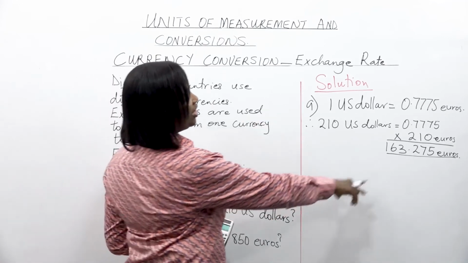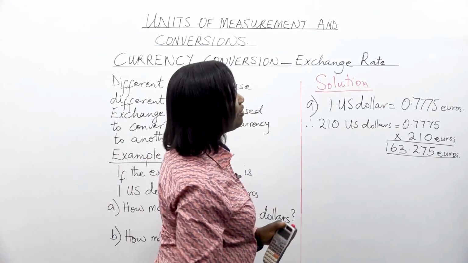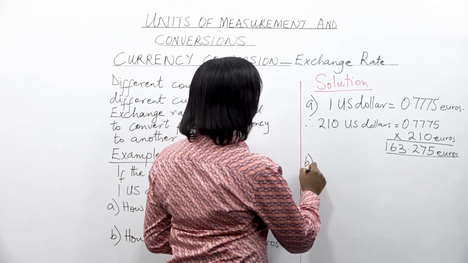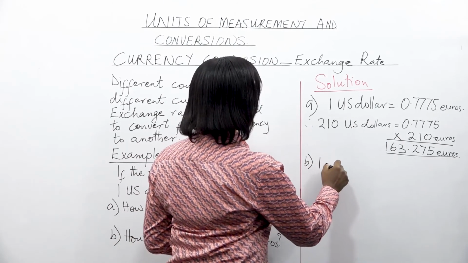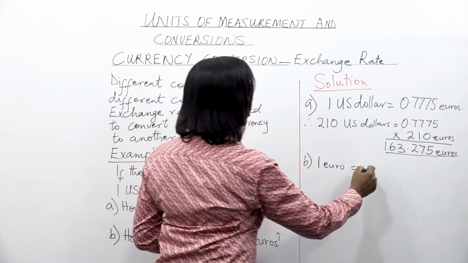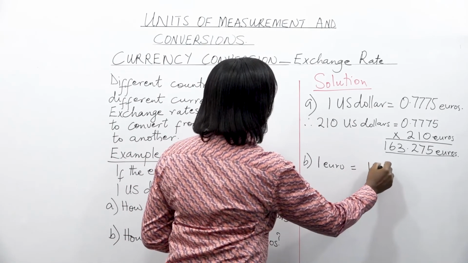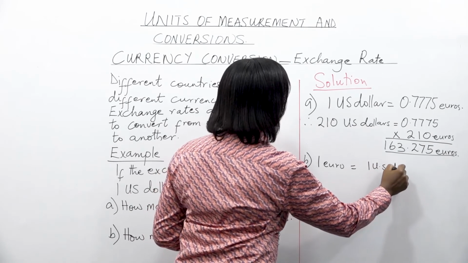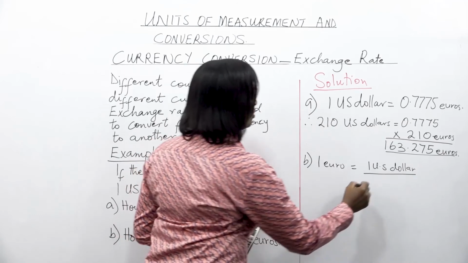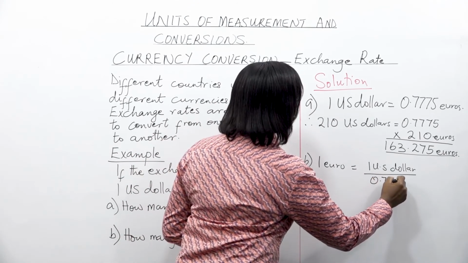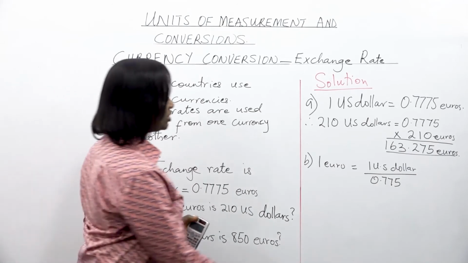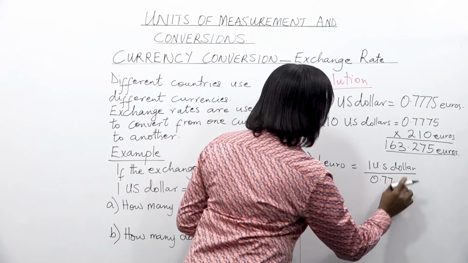If $1 is 0.7775 euros, therefore 1 euro will be equal to $1 over 0.7775.